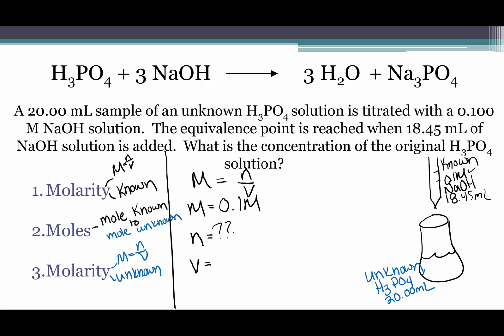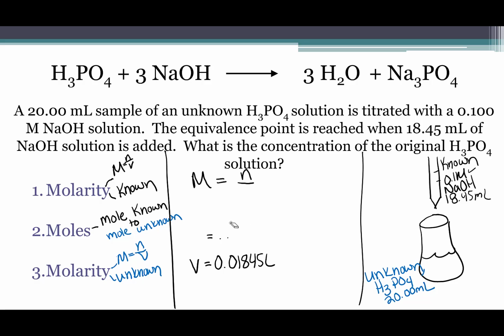But we also know exactly how much we put in once that equivalence point was reached. Biggest mistake here is students forget to put it into liters. So for volume, it's going to be 0.01845 liters. Okay. So now we plug that into our equation and chug through it.